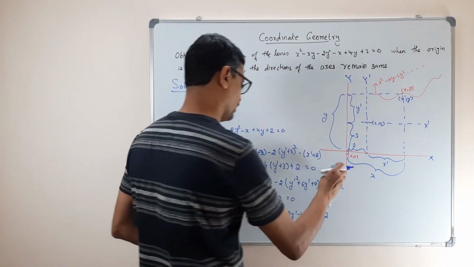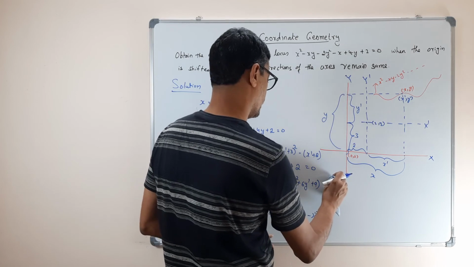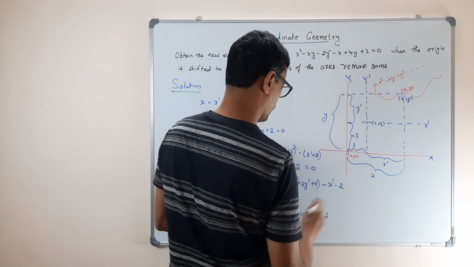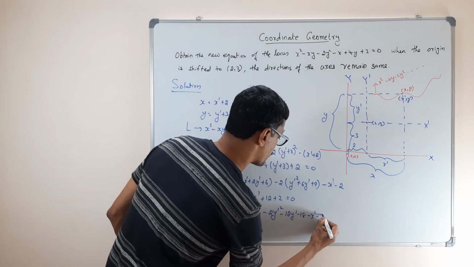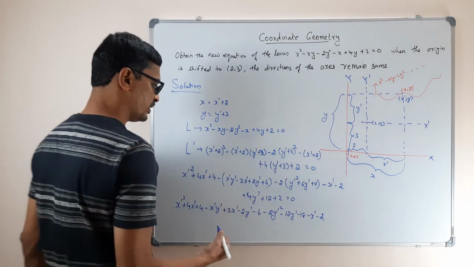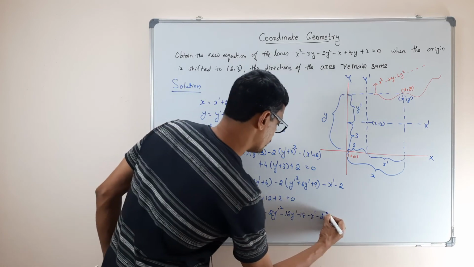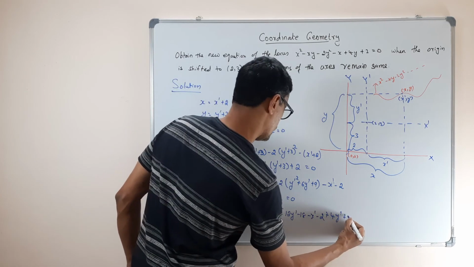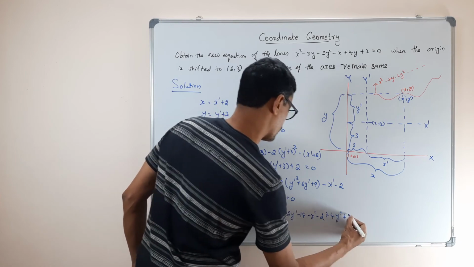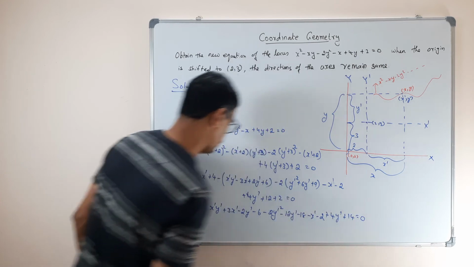It is just x prime. I wrote it as square here. This is this one, na? Minus x prime, minus x prime minus 2. Okay. And this one is plus 4y prime plus 14 plus 12 plus 2, 14, equal to 0. Tell me what's the answer?